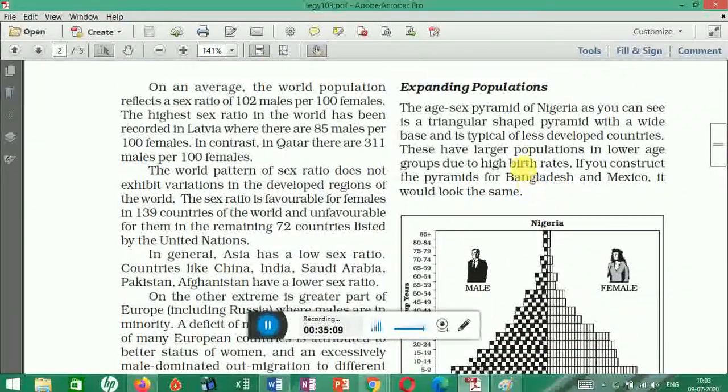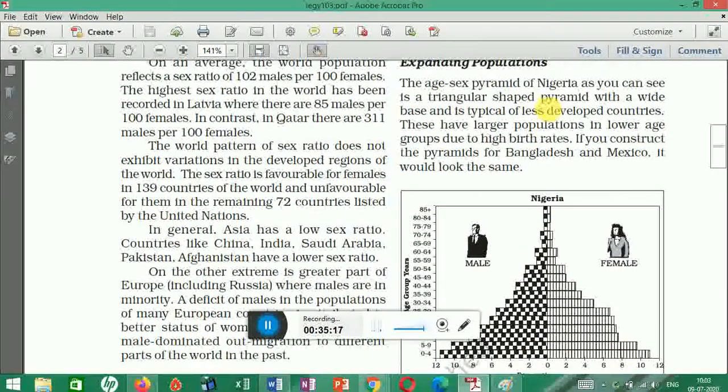Now let us analyze the pyramid of an expanding population. The age-sex pyramid of Nigeria, as we see in the following diagram, is a triangular shaped pyramid with a wide base and is typical of less developed countries.